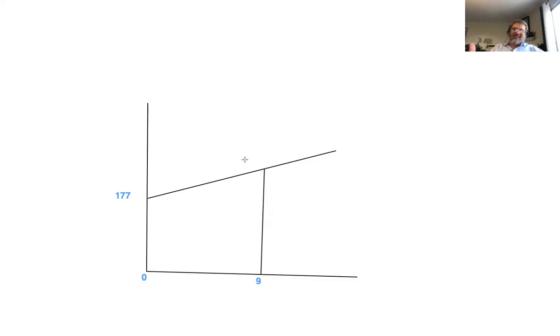No, because I'm confused. Well, does it make sense why my graph looks like that? How do you know if the slope is positive? Because the equation was y is equal to 177 plus 2 times x. So see that there we have a positive slope coefficient.